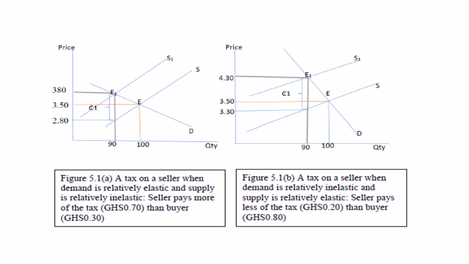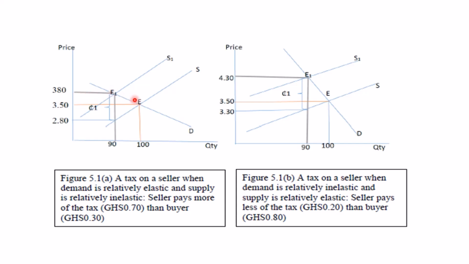Assuming the government has imposed a tax of 1 cedi, so there is a tax of 1 cedi here, from 2.8 to 3.8. That tax of 1 cedi has led to the increase of prices to 3.8.